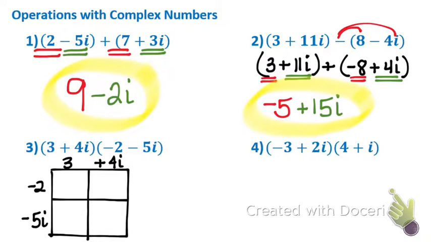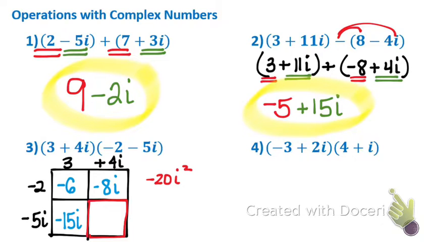So 3 times negative 2 would be a negative 6. Negative 2 times 4i is negative 8i. 3 times negative 5i is negative 15i. Now this box here, though, we're going to have an exponent because you have negative 5i times 4i. So I'm going to actually do some work on the outside. When you multiply to get this last term, you get negative 20i squared.